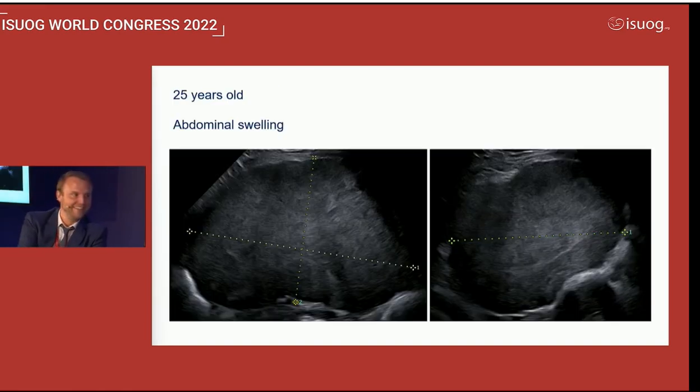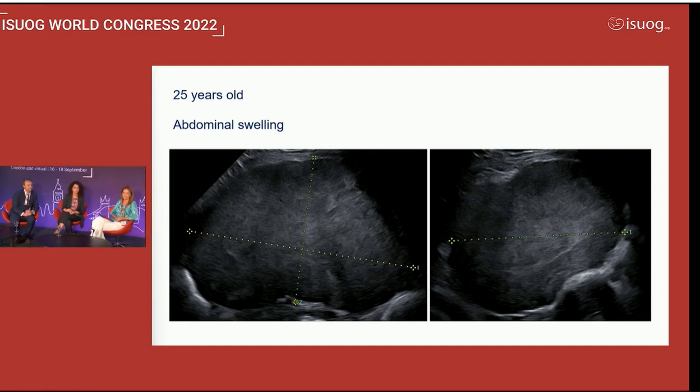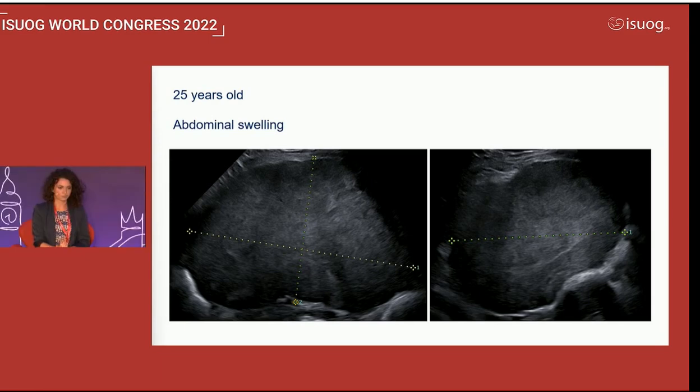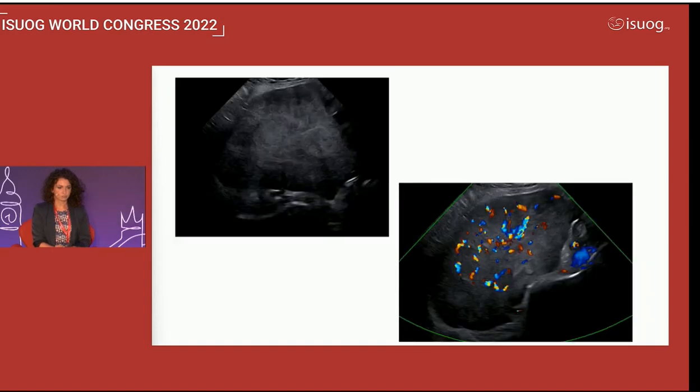Chiara. Let's start with a young lady, 25 years old, presenting with abdominal swelling. So she had this large lesion. There should be a video, the one on the upper corner on the left. If you can click on this, please.